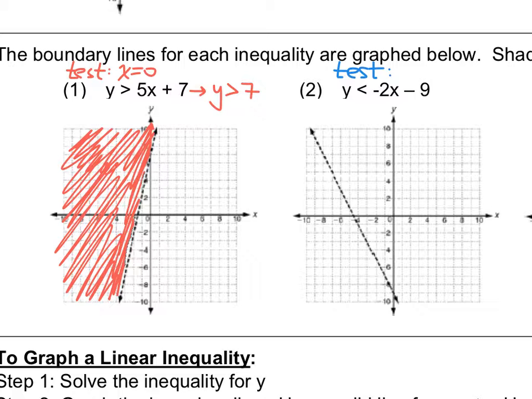So plugging a 0 here, what do I get? I'll write x equals 0. Y is less than -9. So at 0, I find -9, draw an open circle, and go down with that. So that's telling me to shade below.